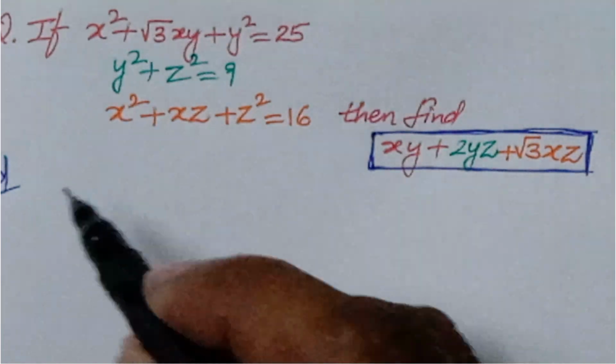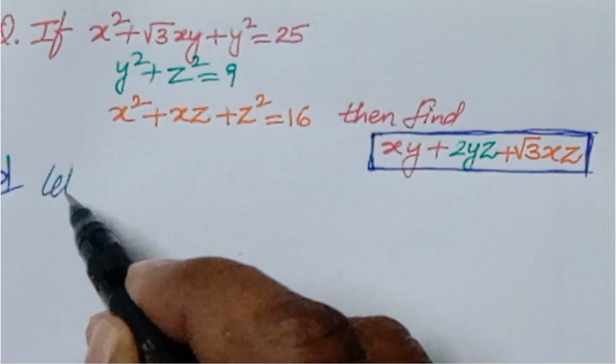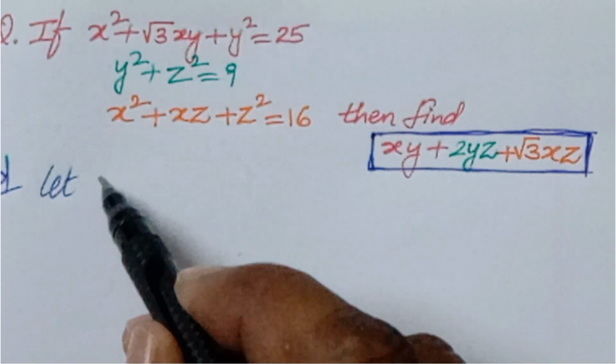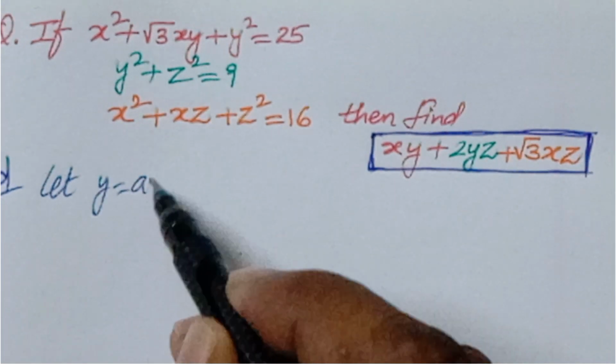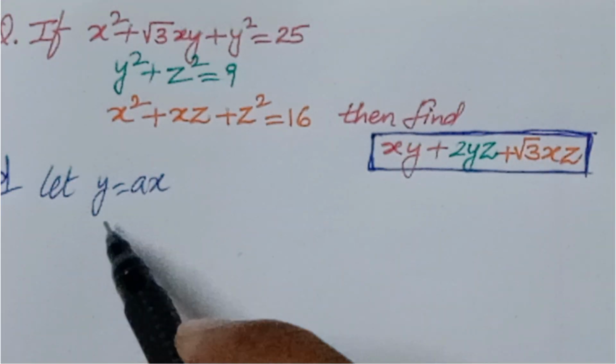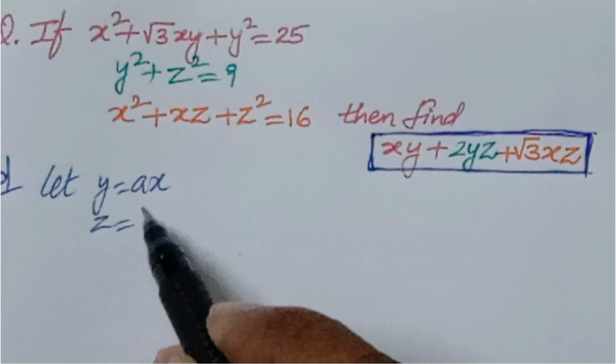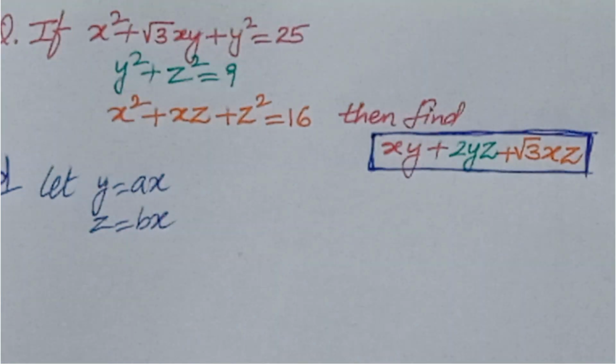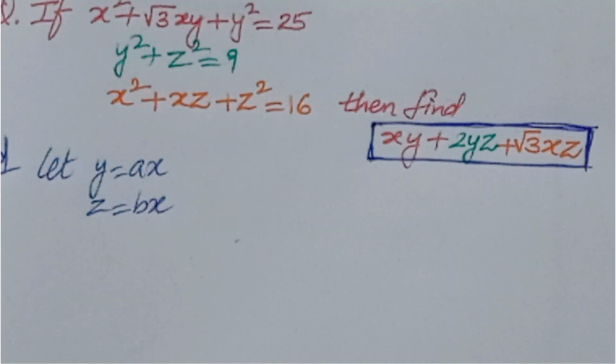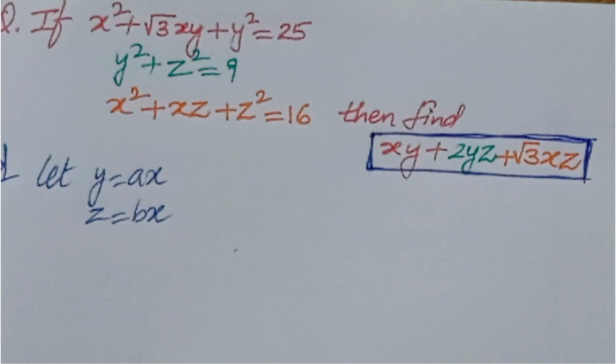Solution. So let us take y is equal to ax and z is equal to bx. We are taking y value ax and z value bx.